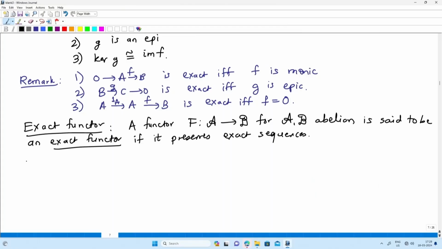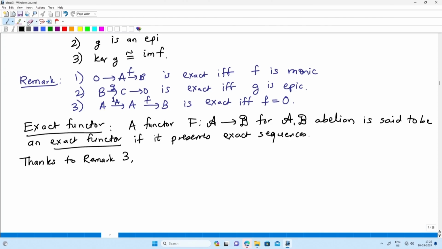So first, thanks to remark 3 above, what do we conclude? That F is the zero morphism if and only if the identity morphism is exact. And do you remember some result that we proved last time?